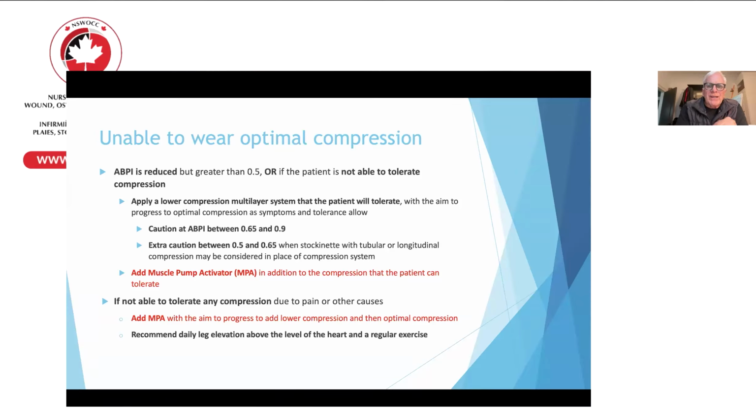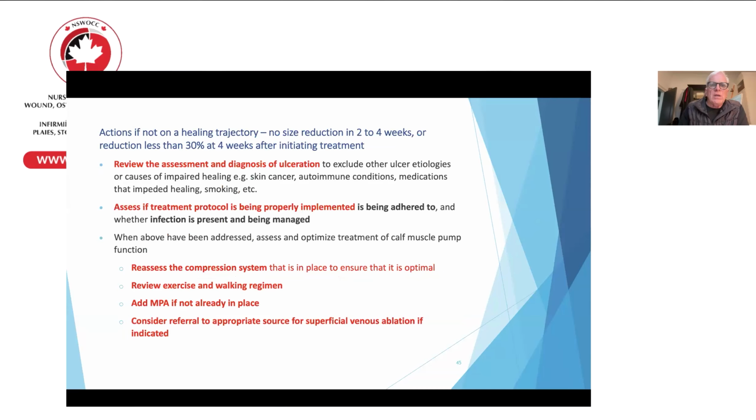So basically adding this, if people can't tolerate optimal compression, is really very much the standard of treatment. And I think ultimately we will probably progress to saying we should really add this in most patients who have a venous ulcer, in addition to standard of care compression.